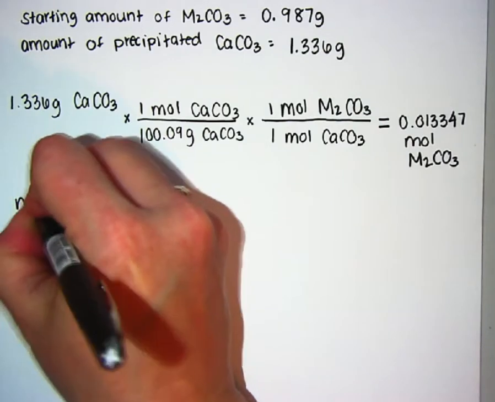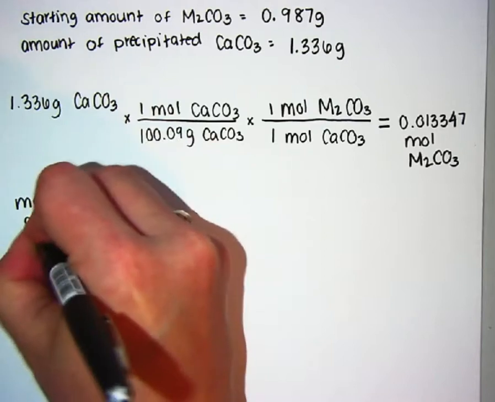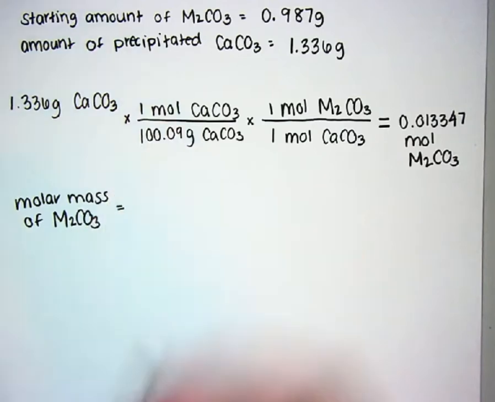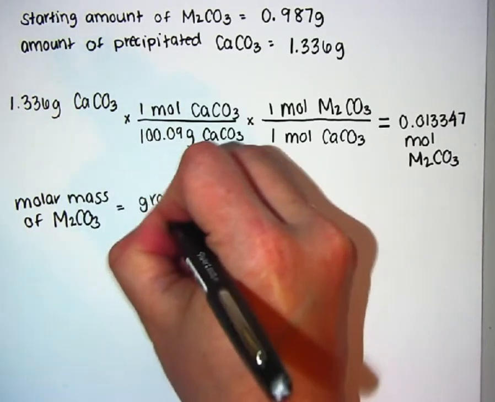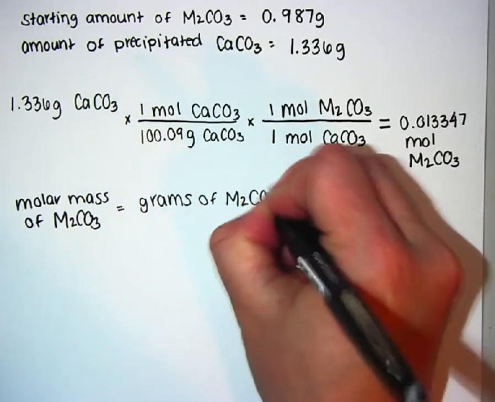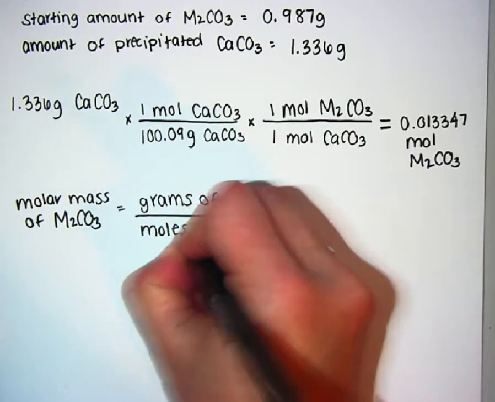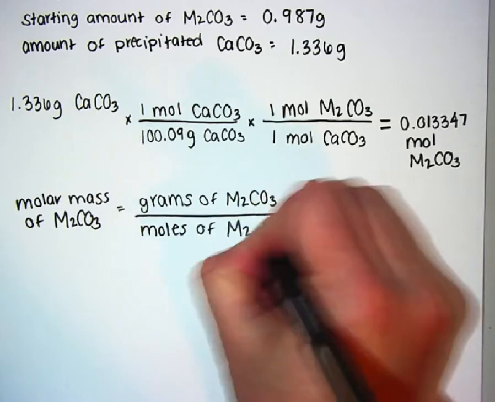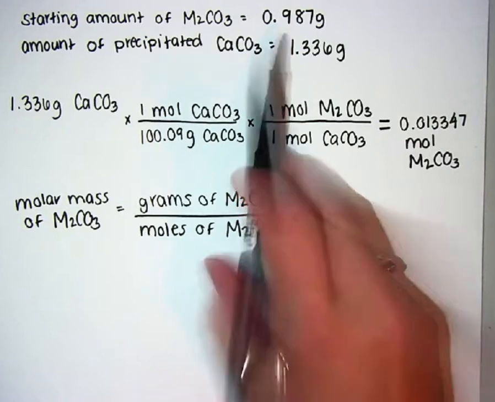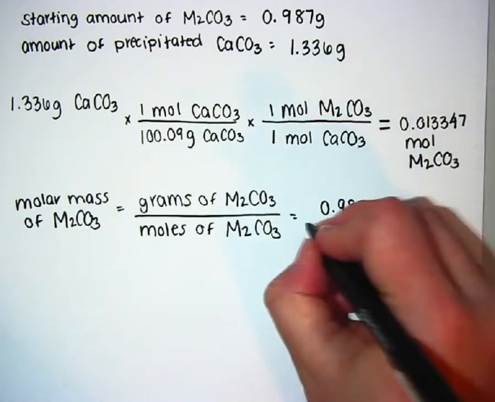So now, if I want to solve for the molar mass of the metal carbonate, molar mass is grams divided by moles. So we have our mass, 0.987 grams.